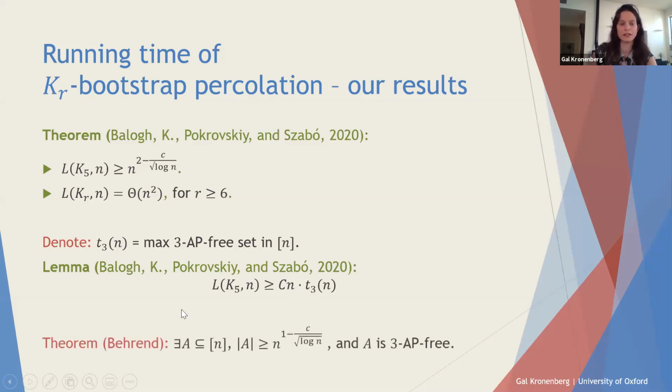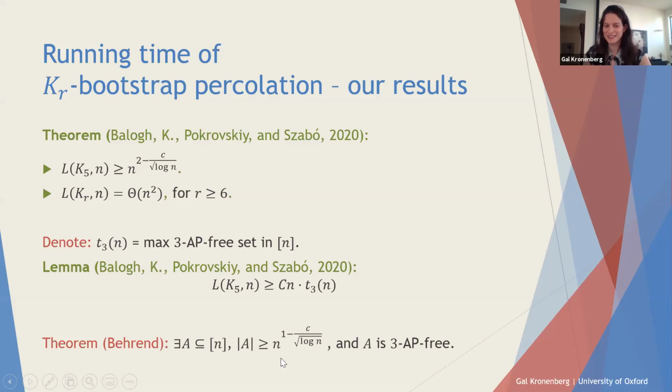And since we have the known theorem by Behrend that gives a construction, but we just need the size, that tells us that we have some set of this size, then plugging it here will give us the desired bound.